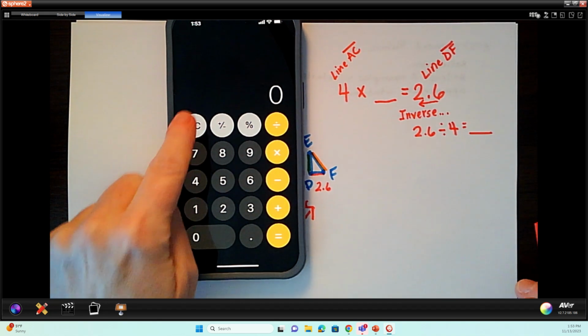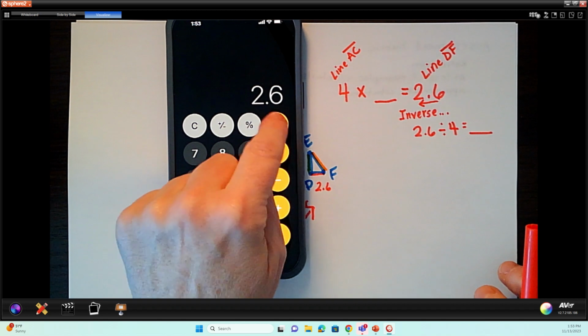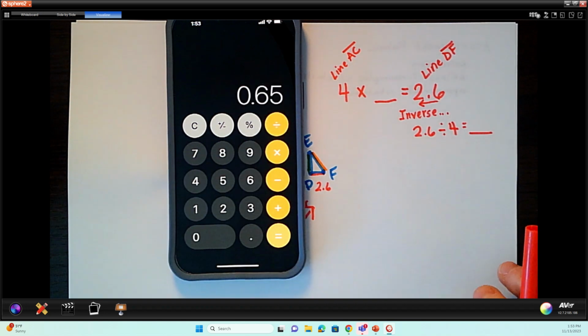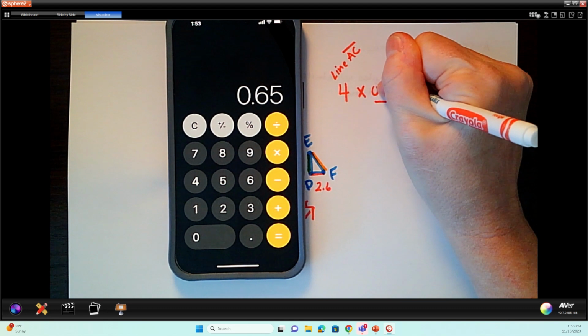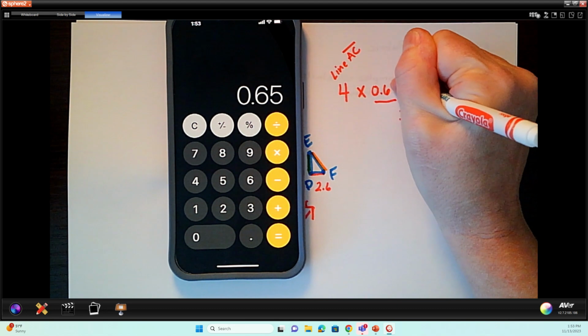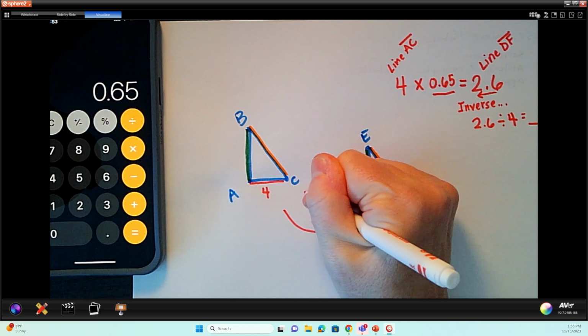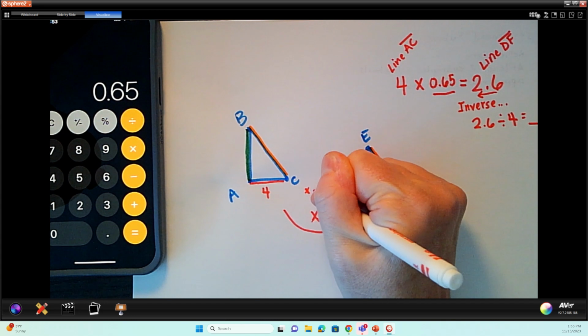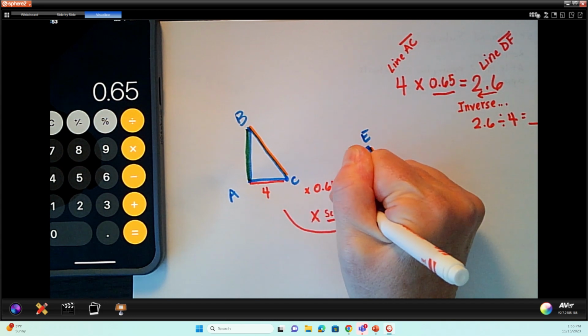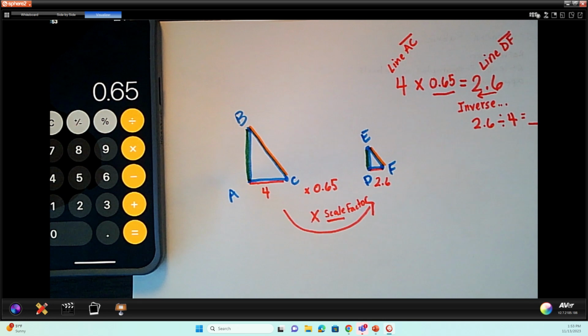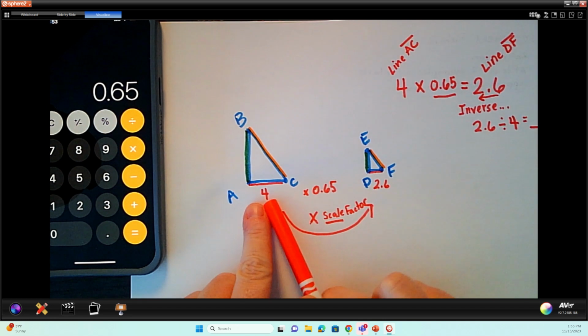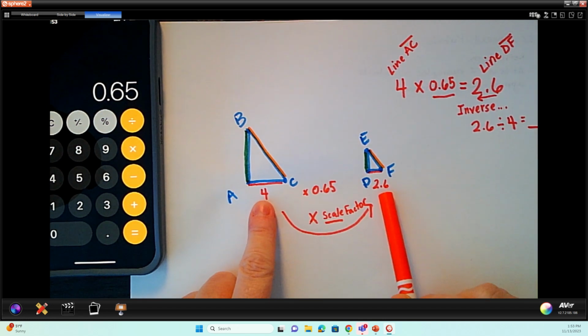All right, so let's do some math. 2.6 divided by 4. Okay, 0.65. So now I know my scale factor. My scale factor is times 0.65. And you're like, Miss Breen, that's such a weird number. It's just 65 hundredths. Okay, so I can actually multiply 4 by 65 hundredths and it'll give me 2.6.